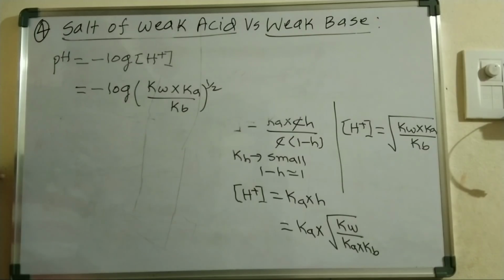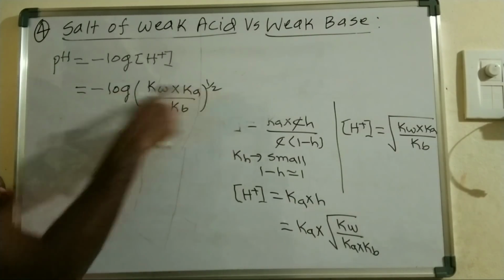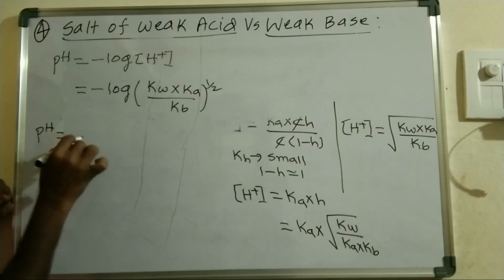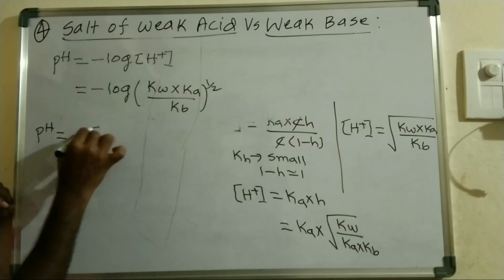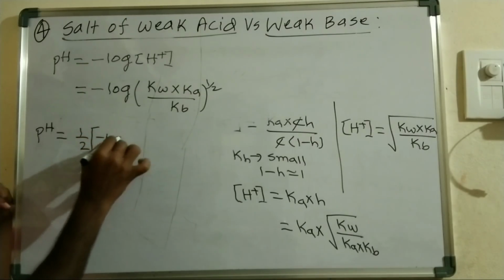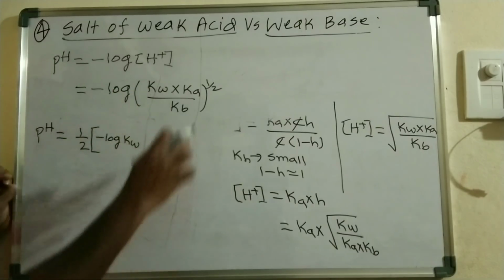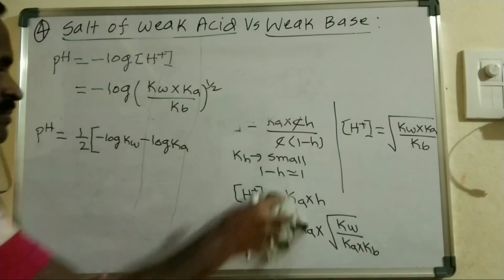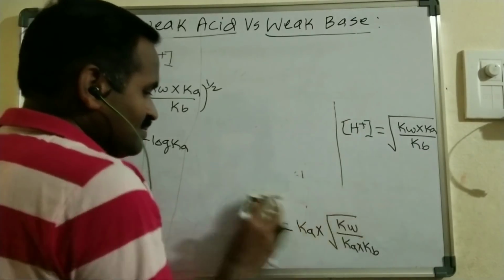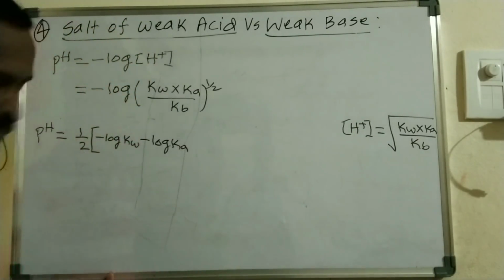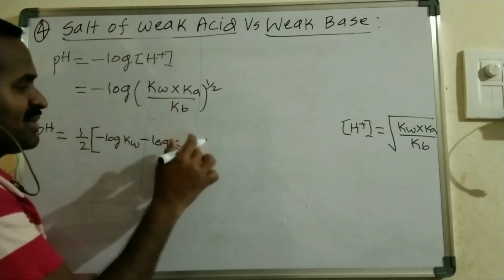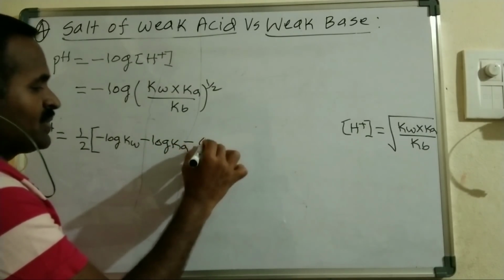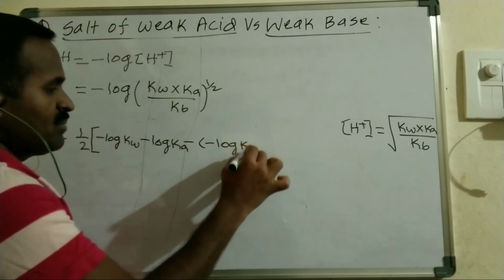Whatever the power 1 by 2 is, that will come to the front. So pH is equal to 1 by 2 of minus log of Kw, and again minus log of Ka, minus log of K. Log M by N is log M minus log N. So this is minus of minus log Kb, right?